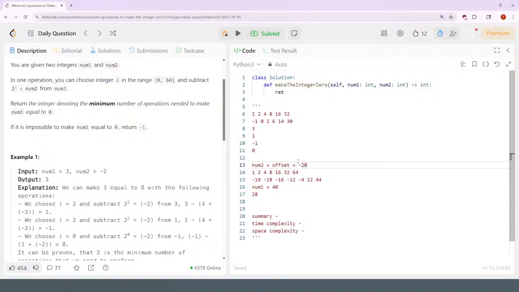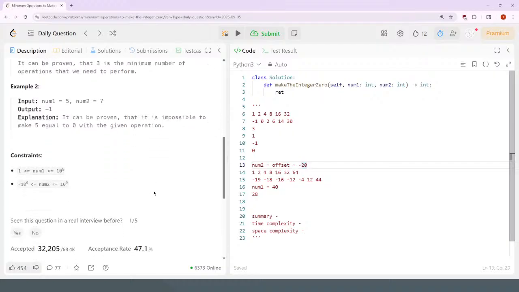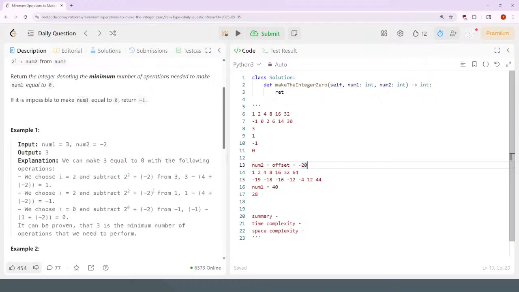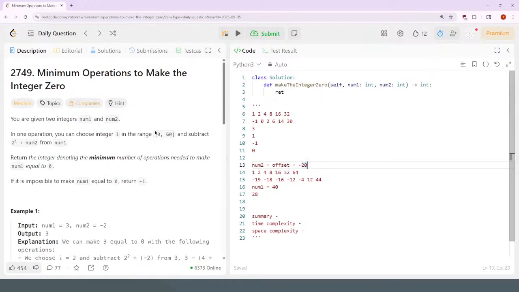And we're denoting the minimum number of possible operations. Yeah, it's a big branching factor to track every single possibility.